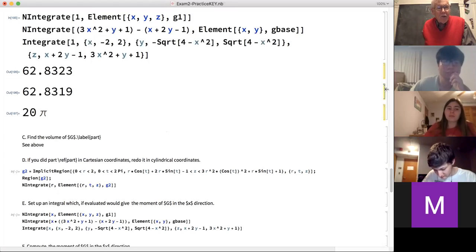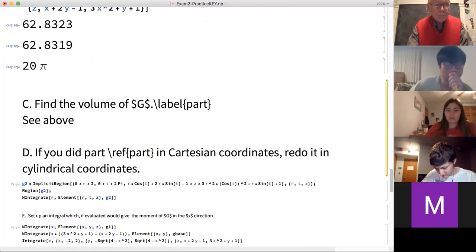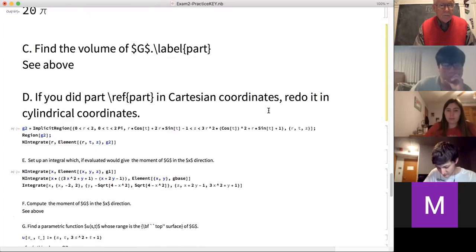Now 20 pi is the exact answer. So that answer is exact. It used exact techniques to do it. It wrote the answer in terms of pi. The other two are not quite the same because they're using approximation techniques, but close. Find the volume. Well, that's just what we found up above.